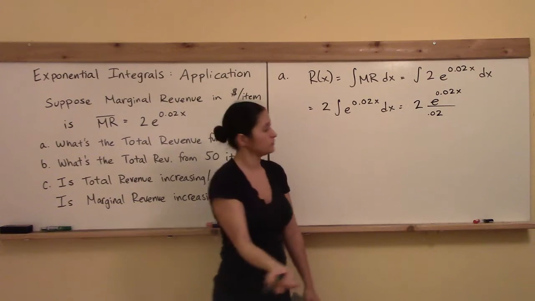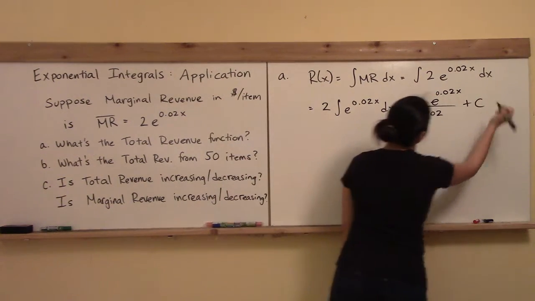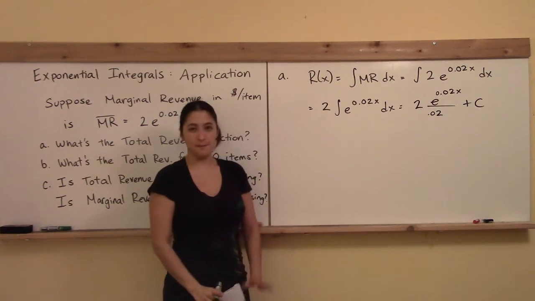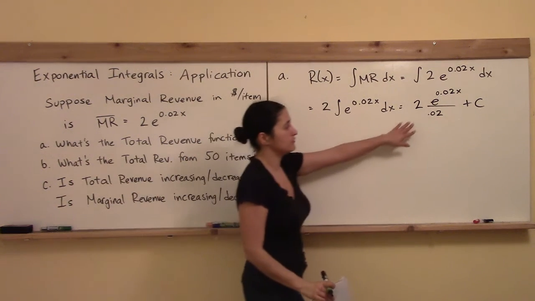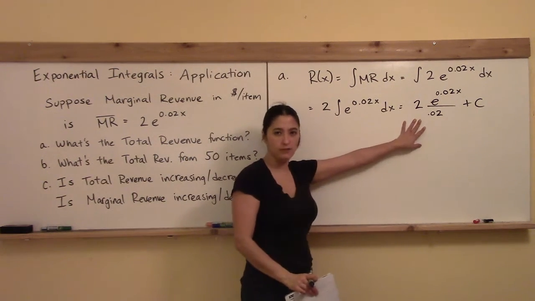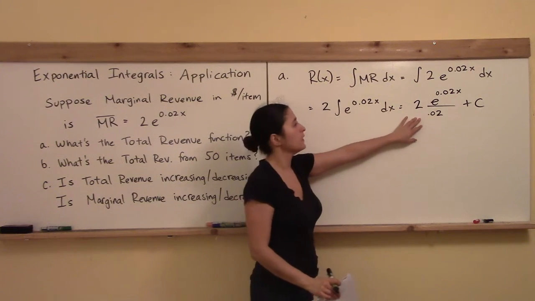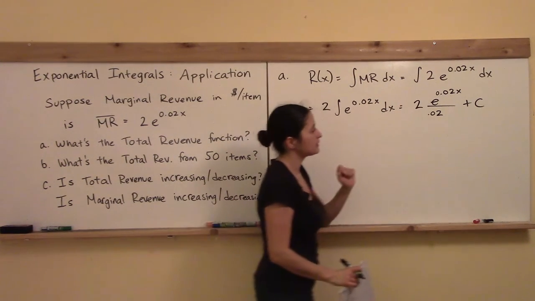Plus c, of course, right? So, plus c right there. Okay, you can check that. At this point, I would encourage you to, once you think you have the answer, go ahead and take the derivative of that answer. Make sure that you get what was in the integral back again.